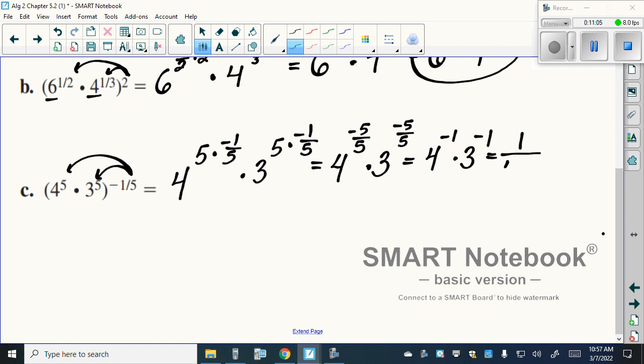The 4 would go to the denominator and become 4 to the first, and the 3 to the negative 1 we also move down to the denominator to make the exponent positive. Well, 4 and 3 are both to the first power. Can we multiply just 4 and 3? And what would we get? 1/12. And that would be it.